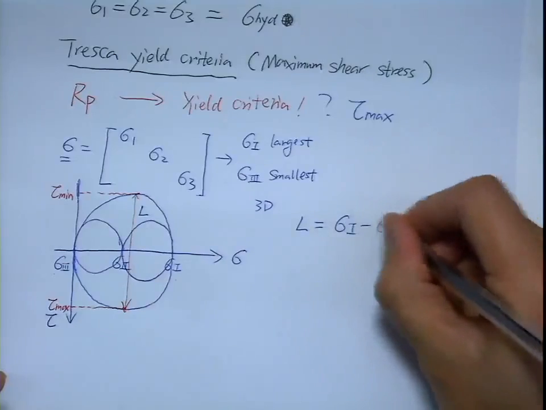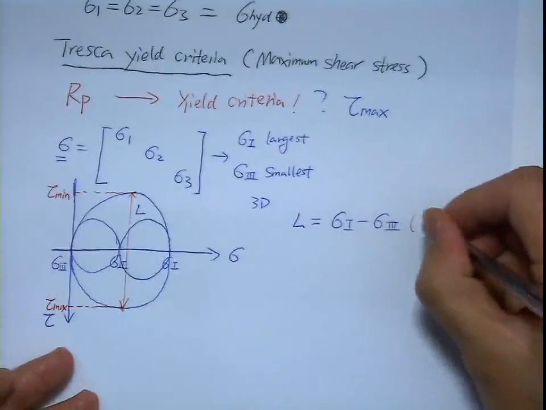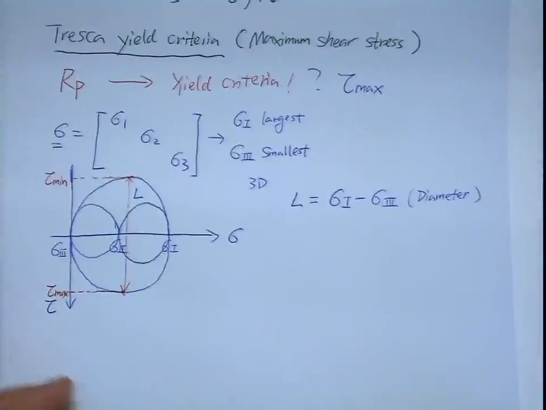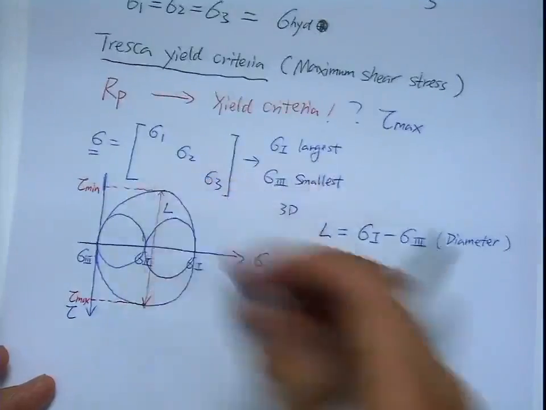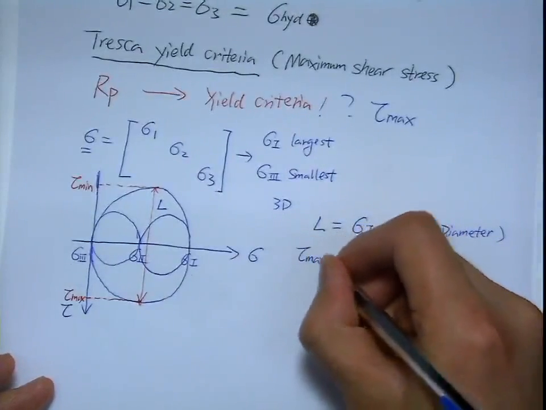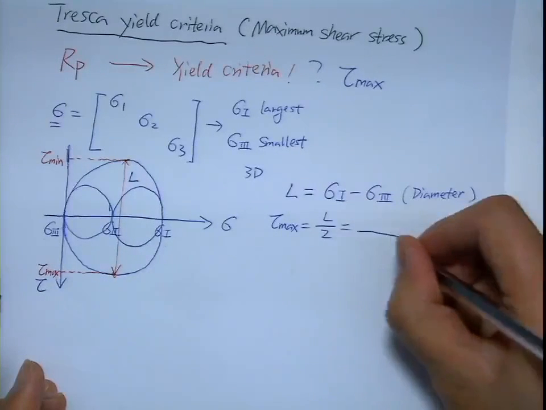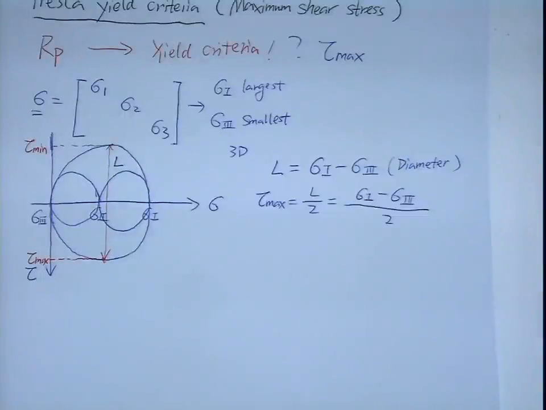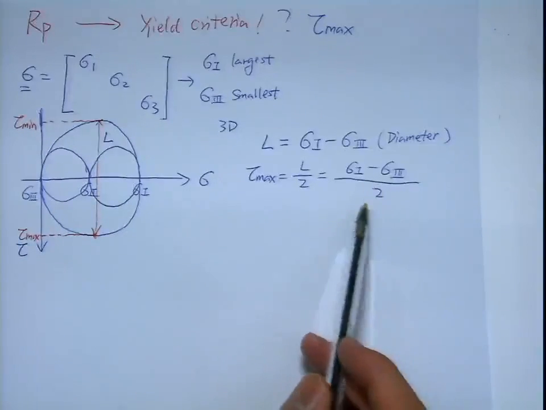Sigma 1 minus sigma 3. That's basically the diameter of the circle. And if you ask me what the tau max is, it's basically half of the length. So tau max is half of the length, equal to sigma 1 minus sigma 3 over 2, right? That's how I remember it. I don't need to remember too many equations. Just that is enough to let me interpret this tau max.